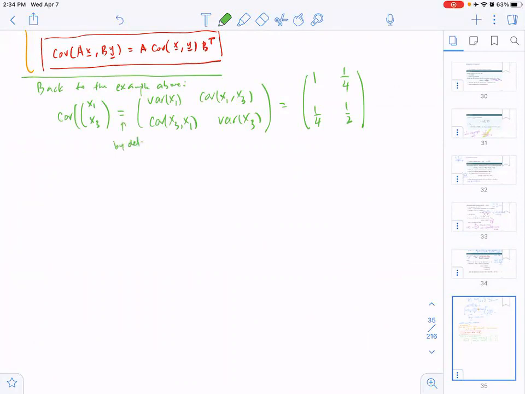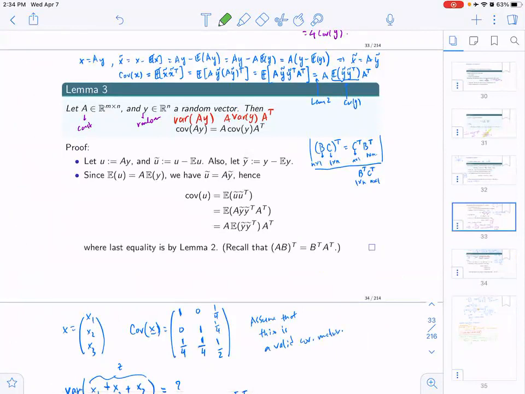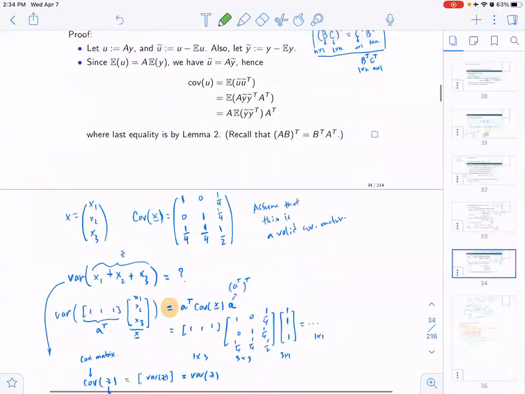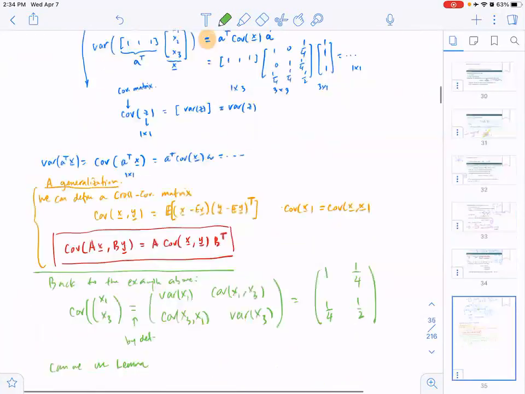So now the question is, can I use this lemma to compute the covariance of such a submatrix or subvector? So can we use lemma 3, let's say, instead?